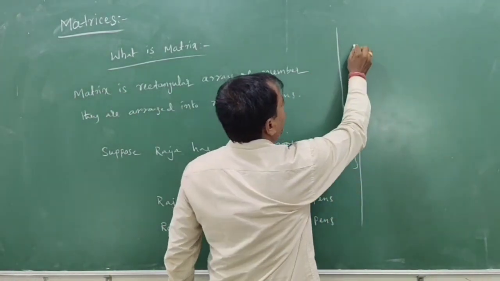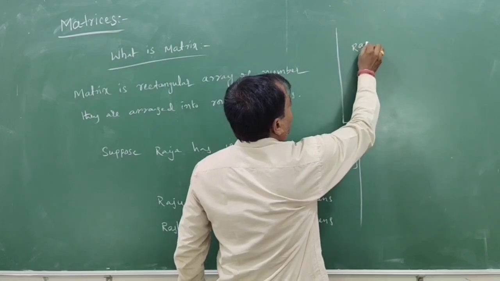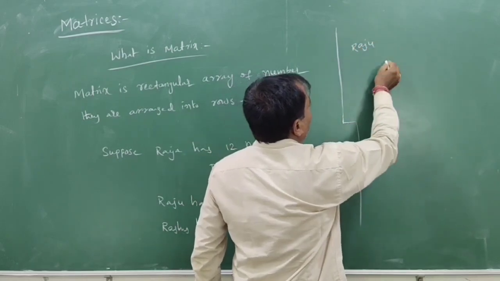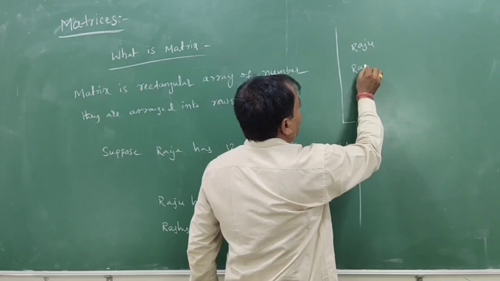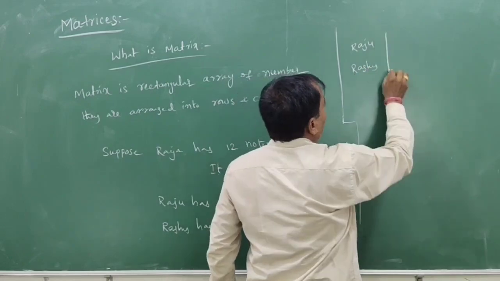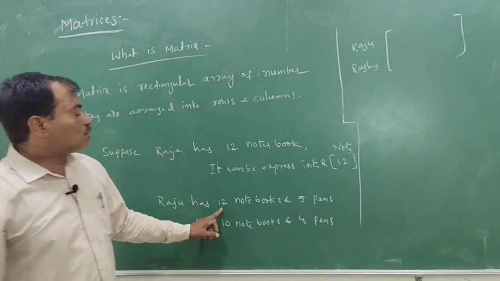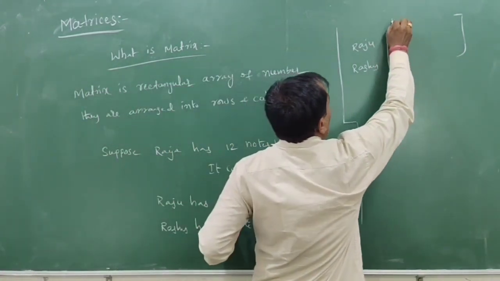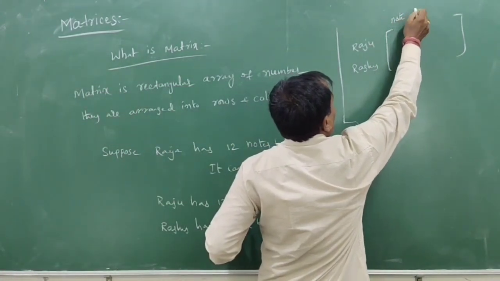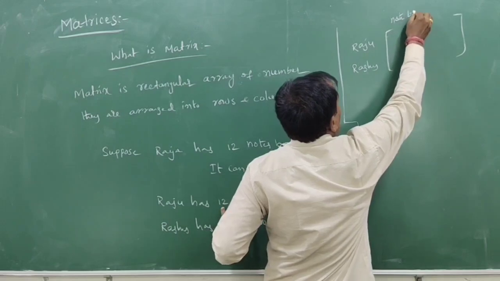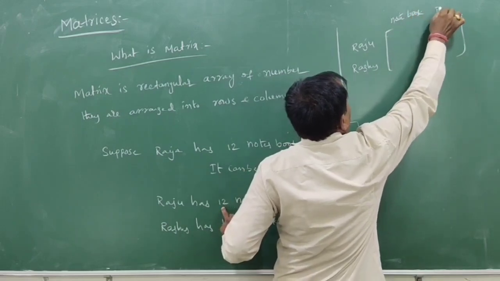So that is Raju, Raghu. And what is the information here? Raju has 12 notebooks. We are taking one more note here: notebooks and pens.